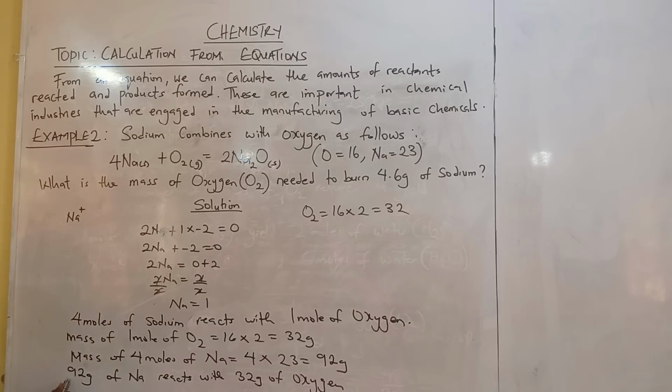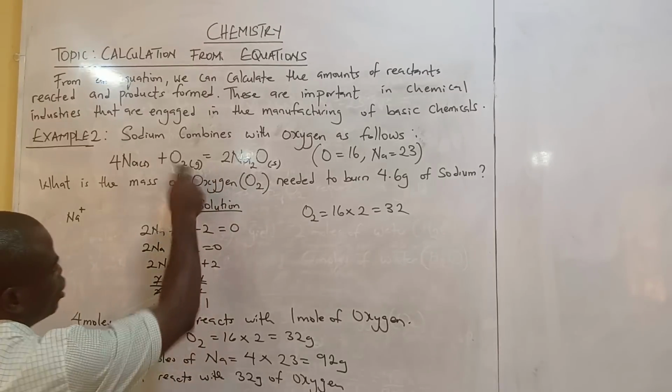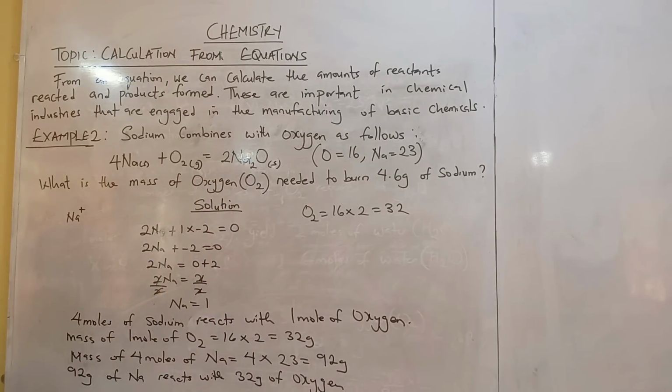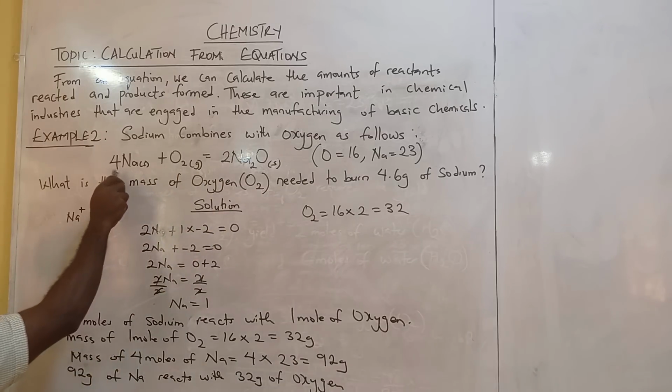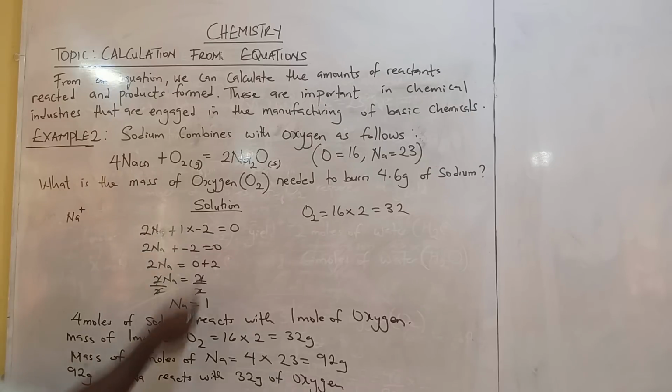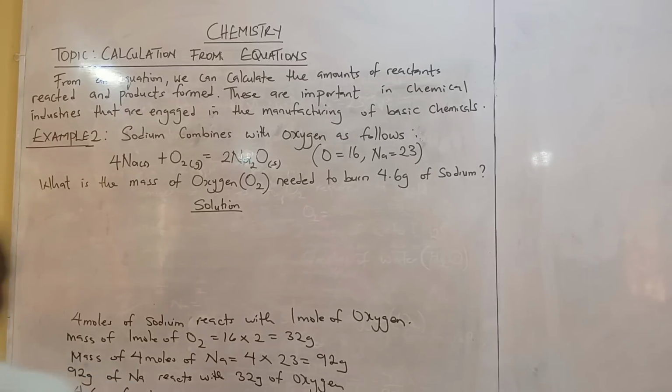Now I have 92 gram of sodium reacting with 32 gram of oxygen. Is that okay? You see that the moles is very important. If you don't balance the equation, there's no way you will know the number of moles to multiply the mass.